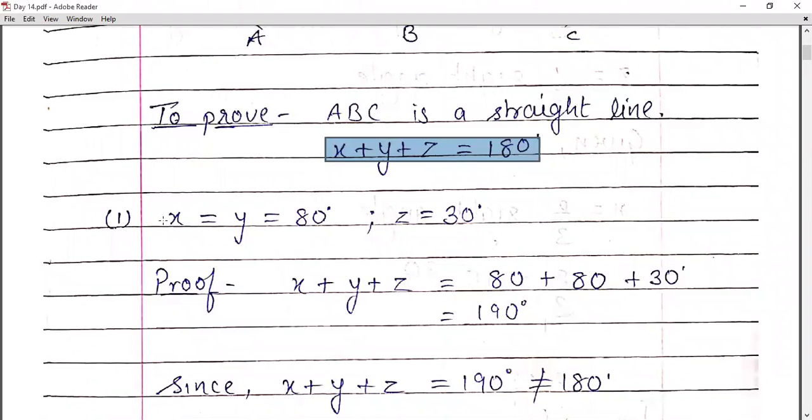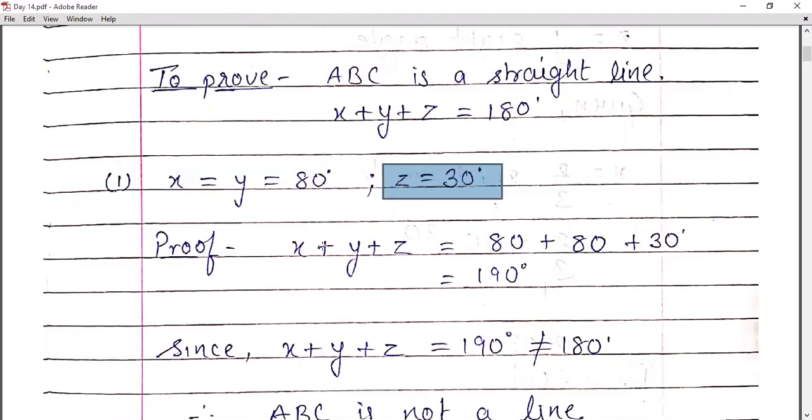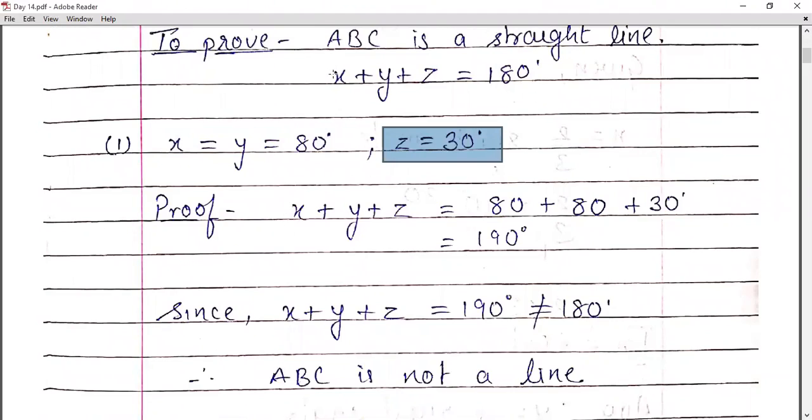In the first part of this question, the value of X and Y is given as 80 degrees and the value of Z is given as 30 degrees. So taking the left hand side of what we need to prove, that is X plus Y plus Z, and substituting the values as 80 for X, 80 for Y, and 30 degrees for Z, on adding these three angles, you will get the sum as 190 degrees.